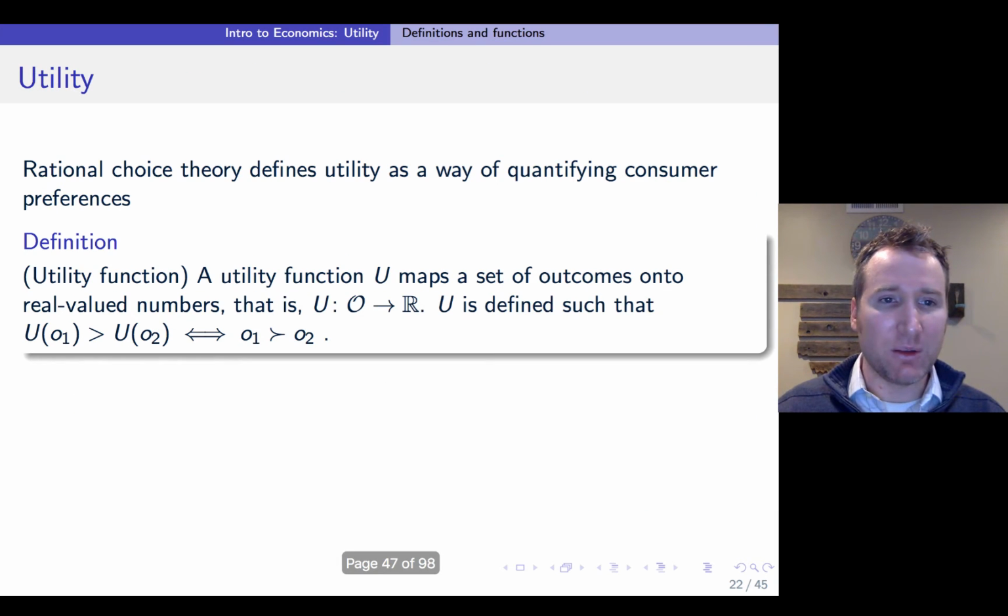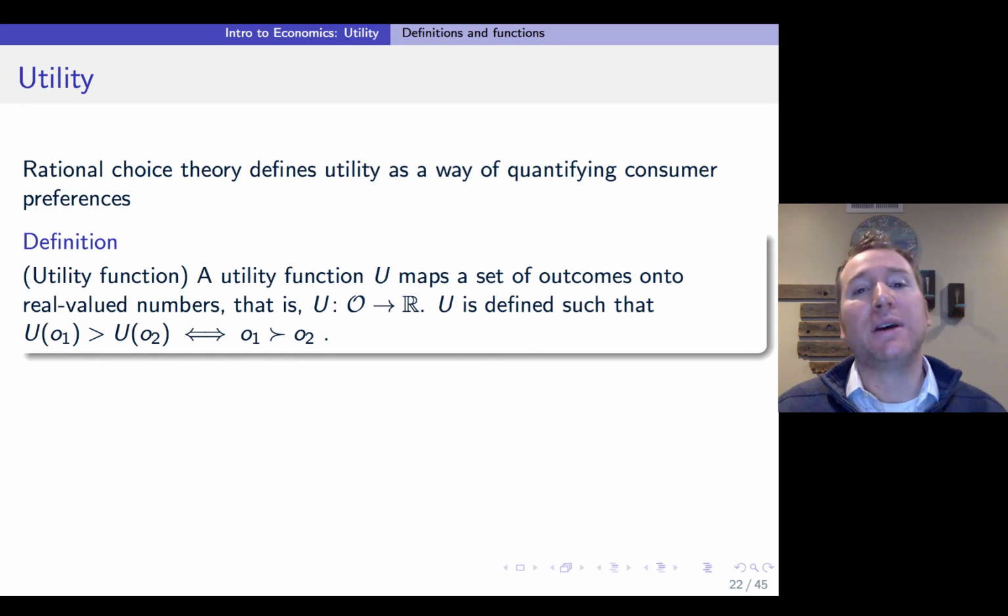We're going to get a little more specific than that with rational choice theory. We define utility as a way of quantifying the preferences of consumers. So a utility function U maps a set of outcomes onto real valued numbers. That is, you've got a mapping of the function from these outcomes we talked about earlier onto real numbers.